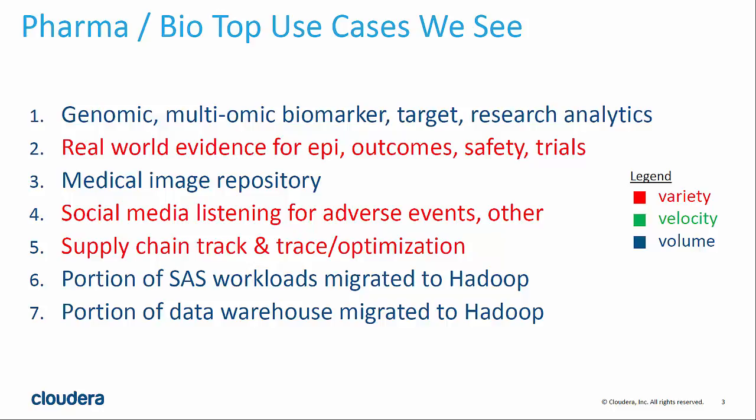And in some ways you could color this green, and you'd call it a velocity use case if you wanted to use it for surveillance and in real time. We often don't see that. But really for us, this is a variety use case.